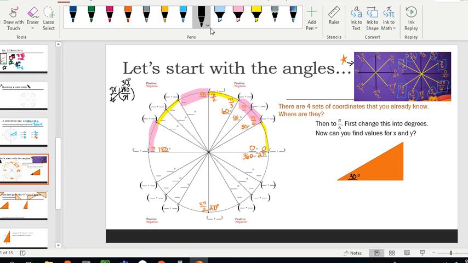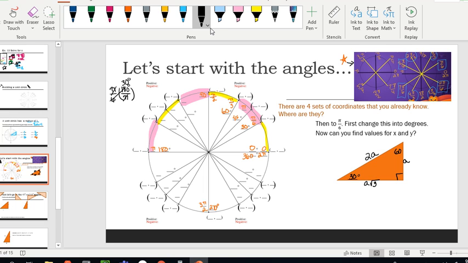Now the reason I'm turning it back to 30 degrees is we just did special right triangles with a 30, 60, 90. Well, we know that if we have 30 here and that's a 90, this up here has to be 60. And I also know that the ratios are A to A on the hypotenuse and A root 3 down by the 30.